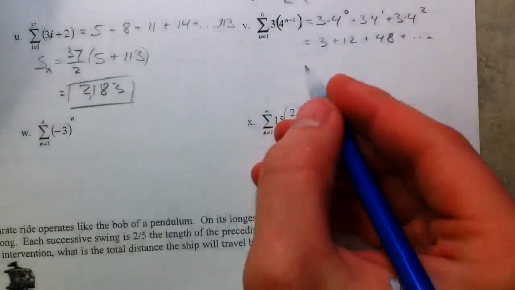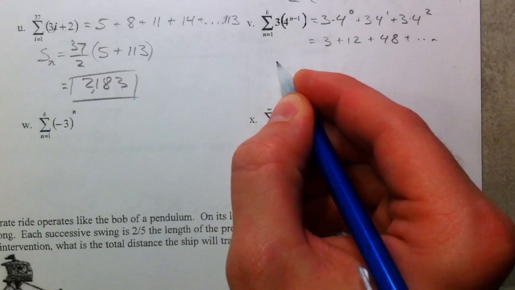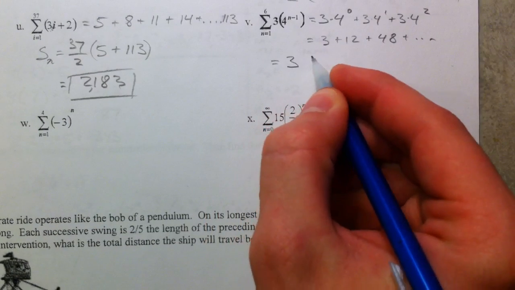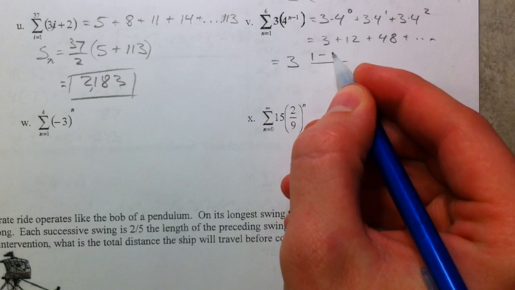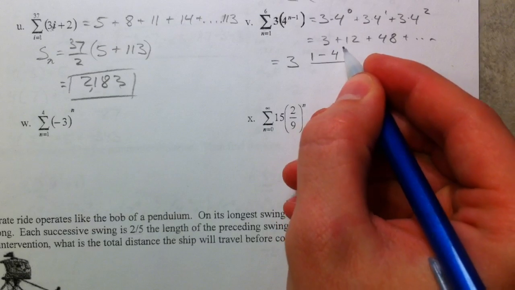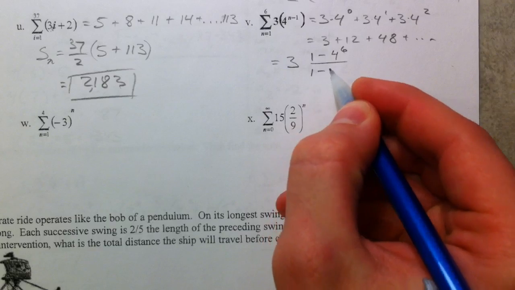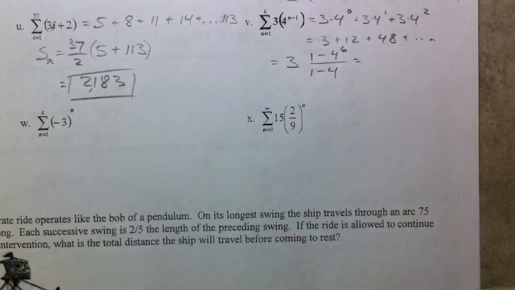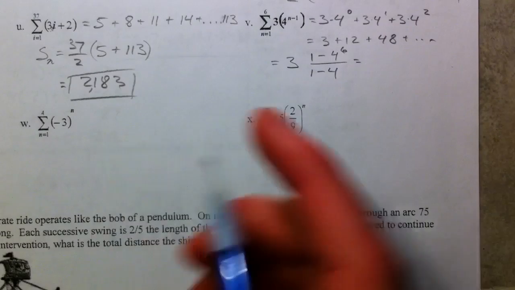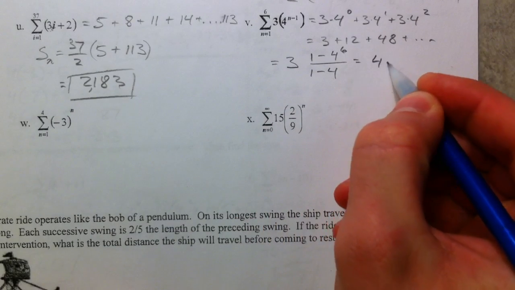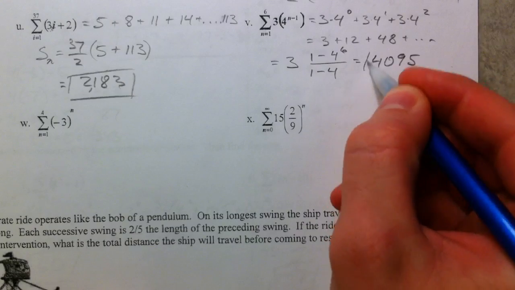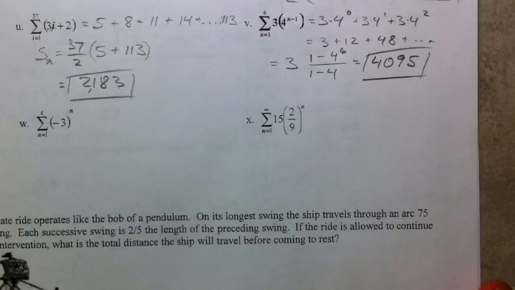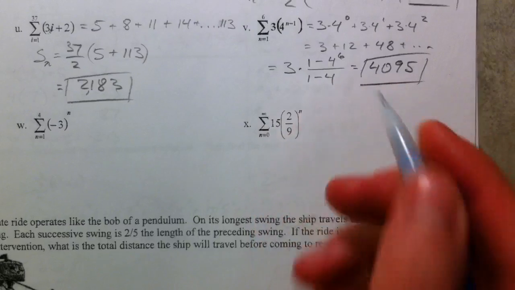Our first term is 3. 1 minus our ratio, continue to multiply by 4 every single time, raised to the 6th power, because we have 6 numbers, over 1 minus 4. That's 4,095. This is 3 times all that.